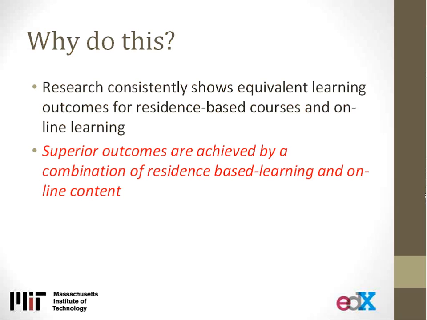So why do these online courses? For MIT, it was this bottom reason here. So you probably have read that research pretty consistently shows over a large variety of courses that learning outcomes for an online version of a residence-based course come out to be pretty much the same.